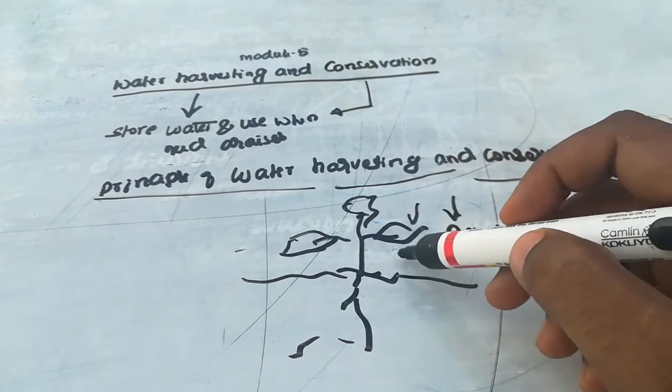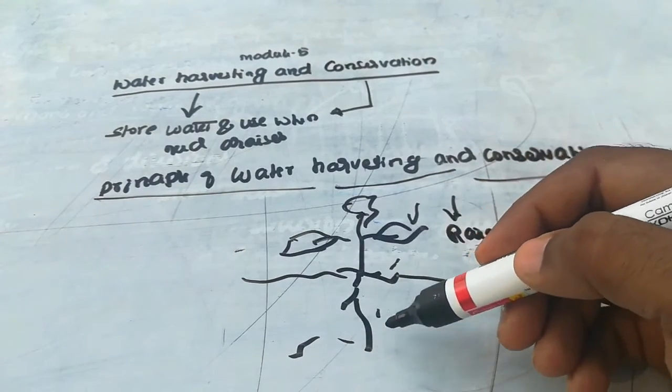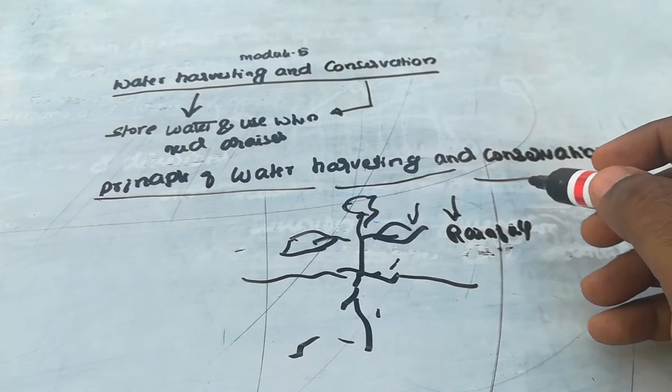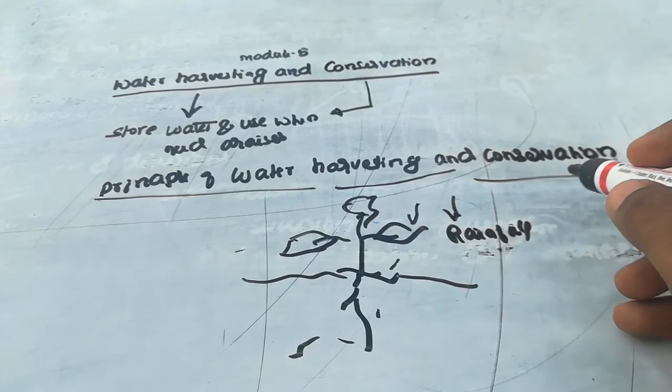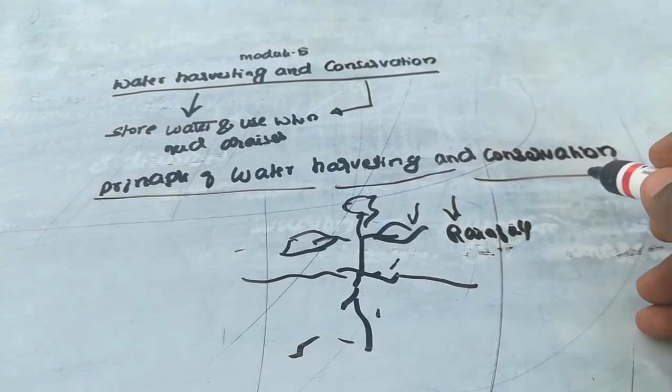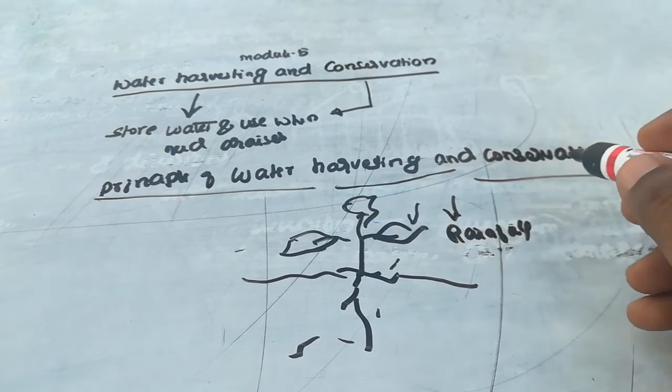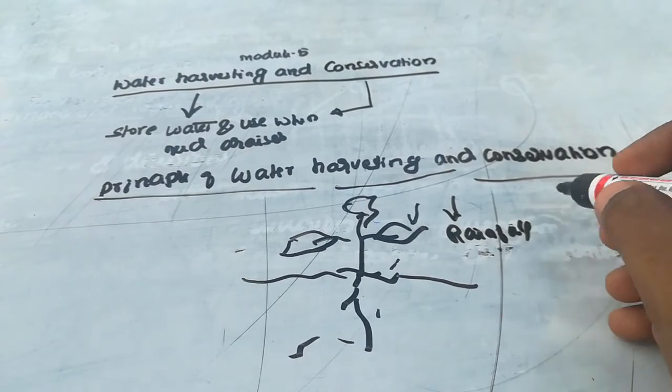We can divide this into two: one is losing water and another is receiving. Crops receive or lose water. How do they receive? Rainfall is one way of receiving water.